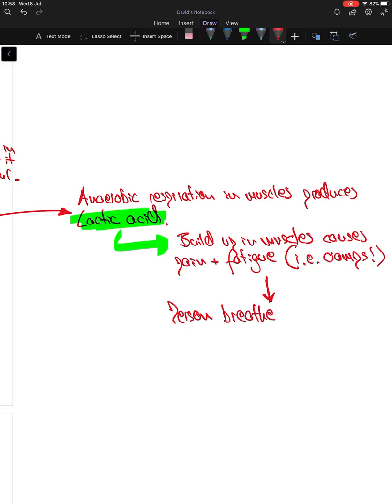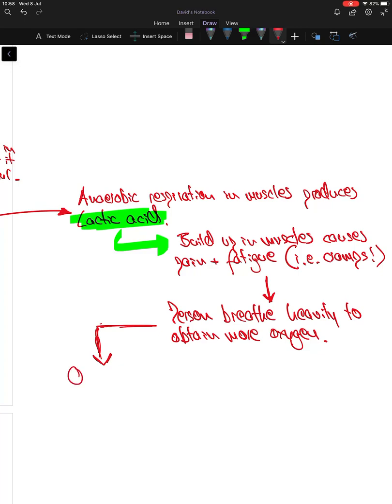They breathe more heavily. And that's to try and obtain more oxygen. Because importantly, oxygen breaks down lactic acid and removes it.